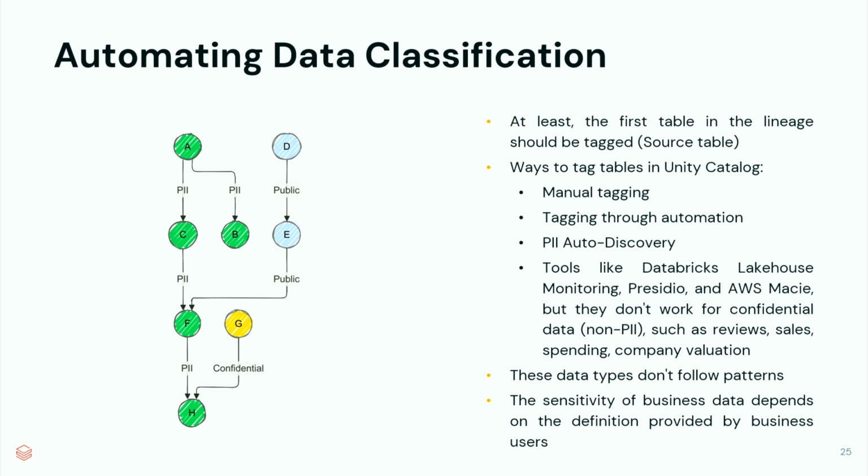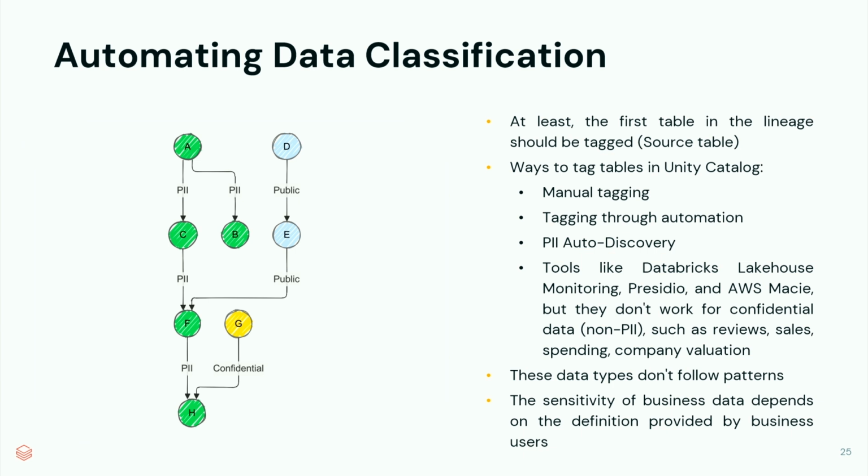So F node will be PII as well. And here, the last node is generated from PII and confidential classifications. But PII is more relevant than confidential, so we classify it as PII.